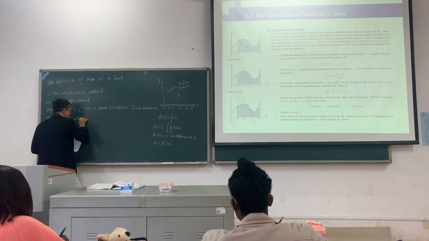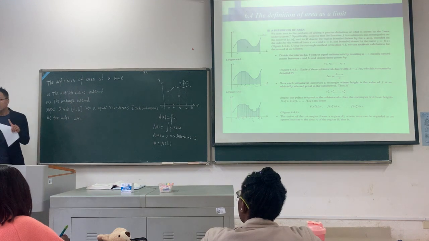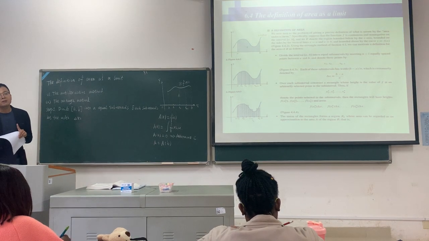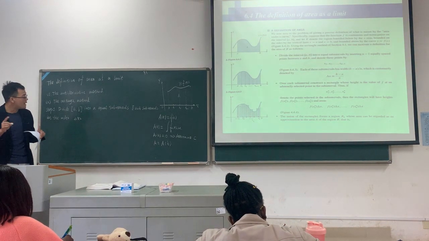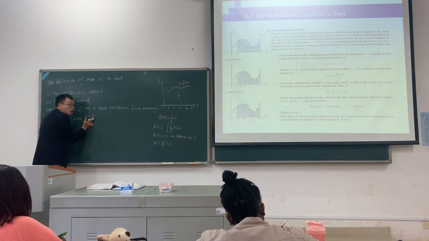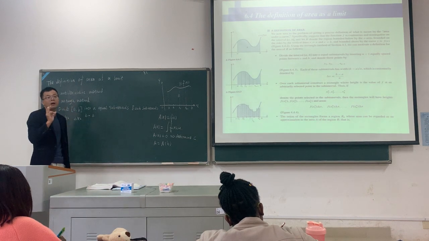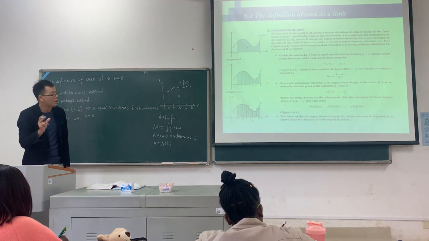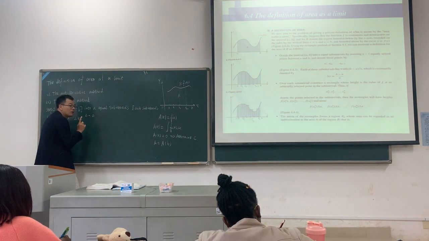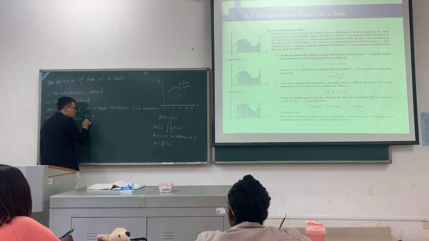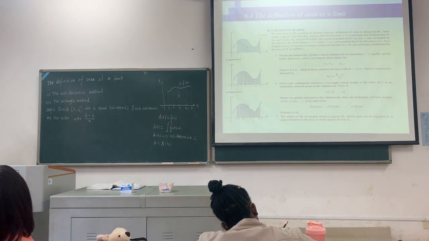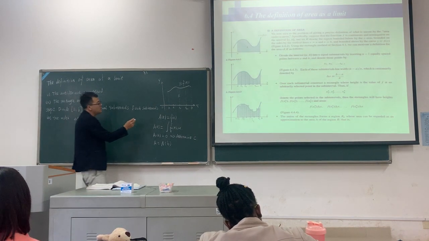Delta x equals the length, which is the right endpoint minus the left endpoint, b minus a. This is the total length. We divide the total length into n equal parts, so the width of each sub-interval is (b minus a) divided by n.